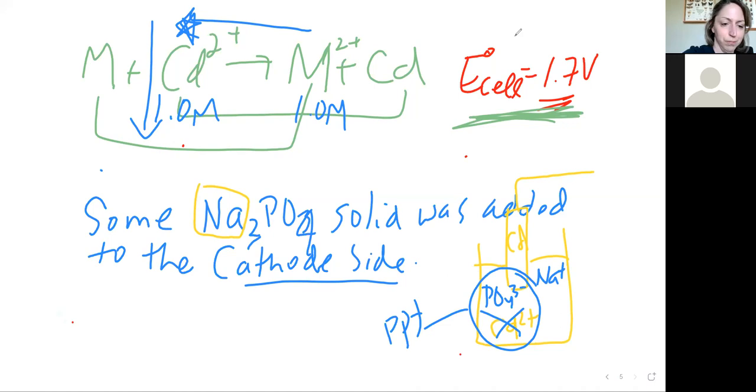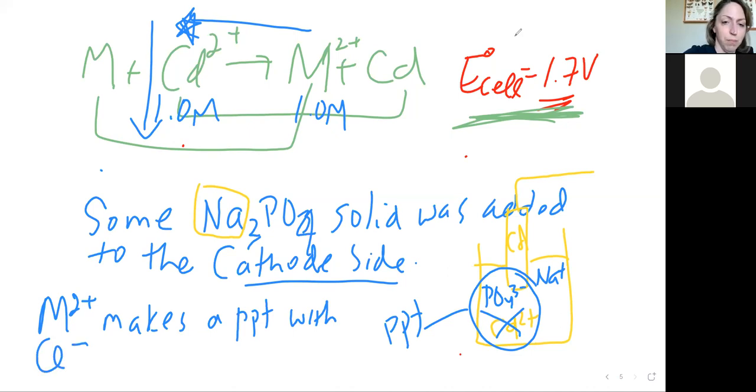Okay, so how about maybe M2+ makes a precipitate with chloride ions. And by the way, I might have messed that up too, and I apologize. It doesn't really make a difference at all, but it's M+. So what if M+ is something like silver ions?